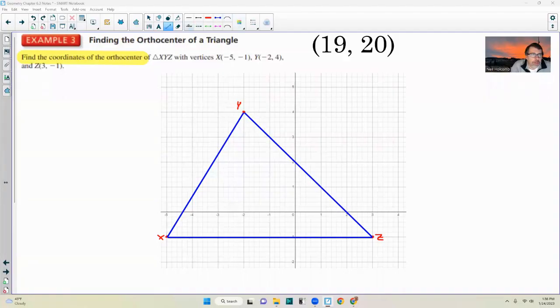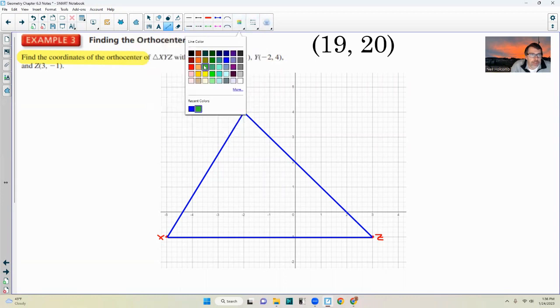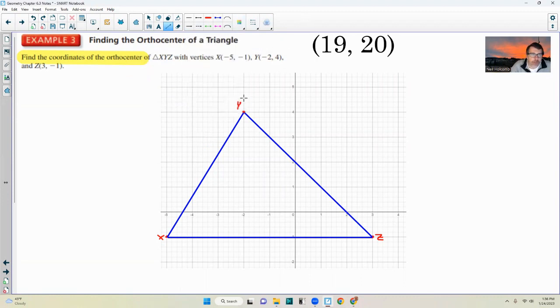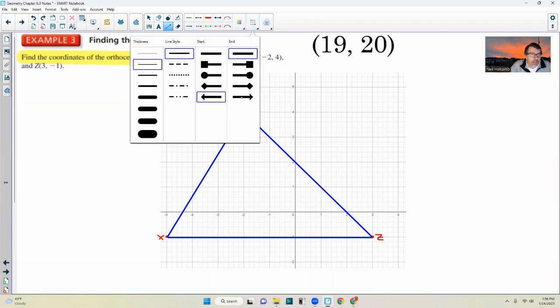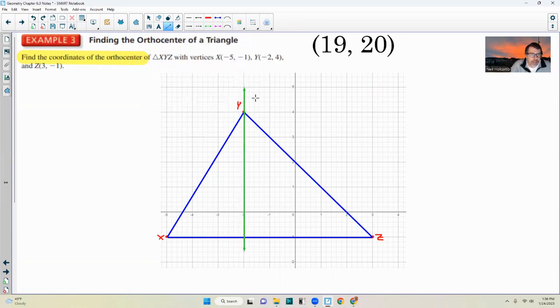All right, so now I want to switch colors and I want to make this a line. And how about green? Okay, so here's what we're going to do here. We are going to draw a line. What just happened? I just chose a line and I made it green and then it ignored me. Okay, so anyway, here is the line. This is a line going through the vertex down, and I want it to be perpendicular.